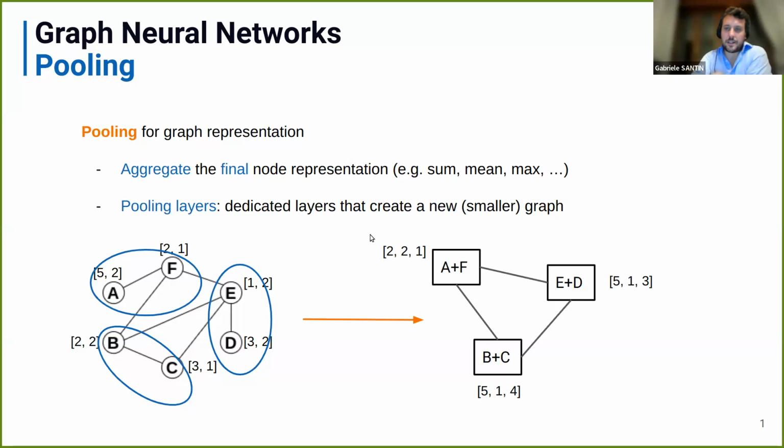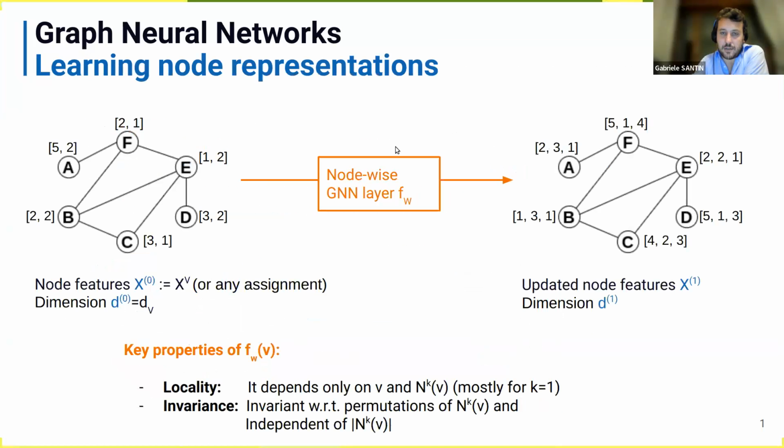Okay, so this is the general idea, and what is missing is to define how these single layers are defined. So how to define an operation that takes as input a graph and gives as output another graph with modified node features, in a way that the operation is local, so it depends only on a low-order neighborhood, and in a way that is invariant, so we can permute the nodes in the neighborhood and the result doesn't change.